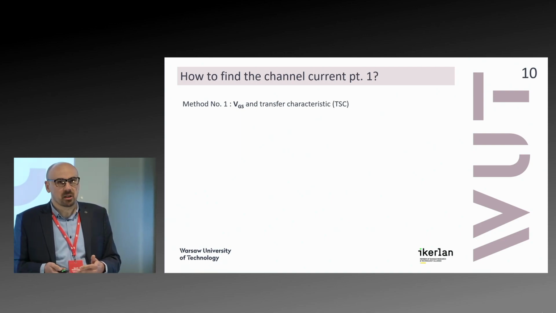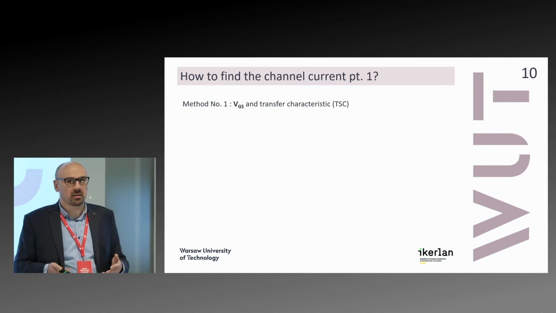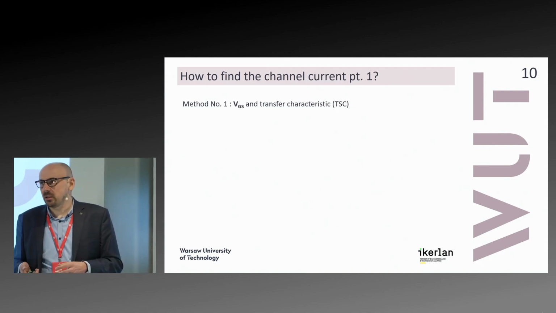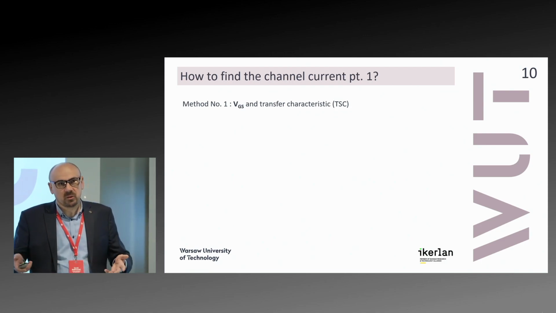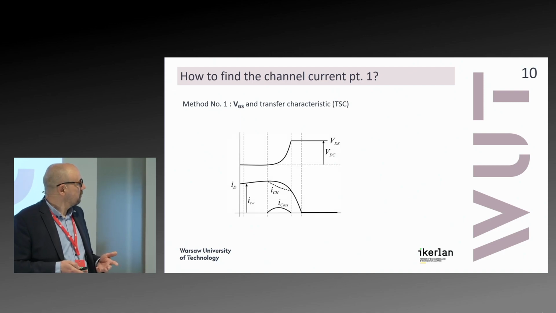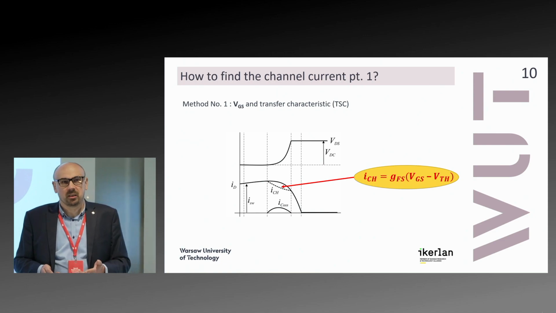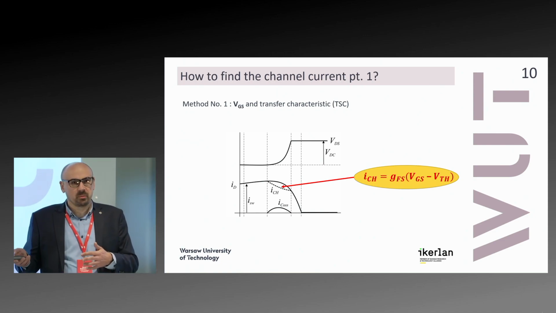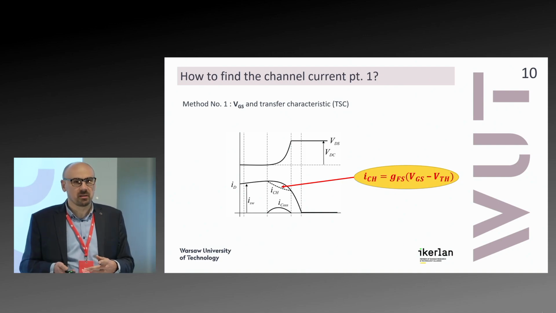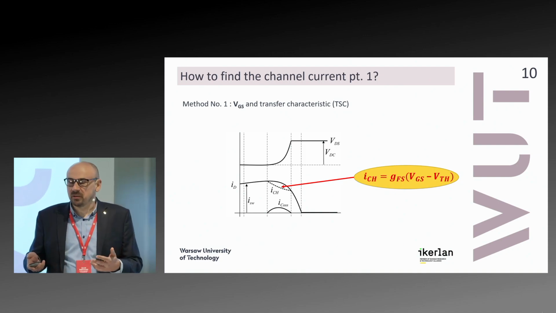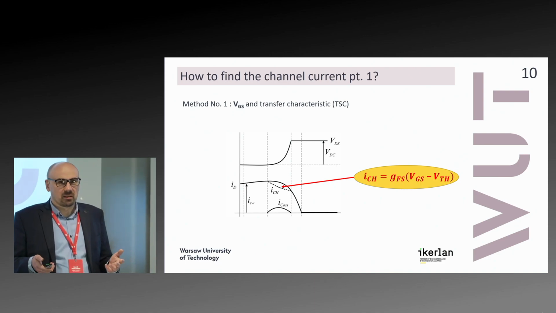to find the channel current is obviously to use the transfer characteristic, follow the gate source voltage, and use those characteristics. That just looks very simple, but as we heard in the first presentation, and also in the previous presentation, there are different effects in silicon carbide MOSFETs.